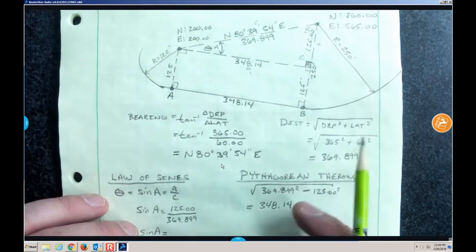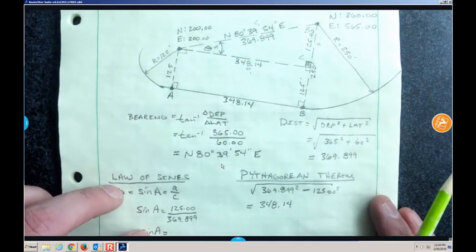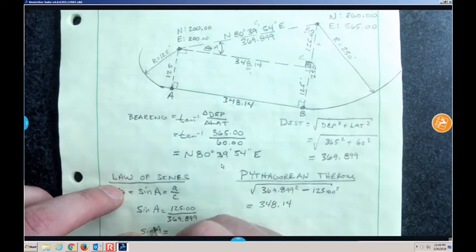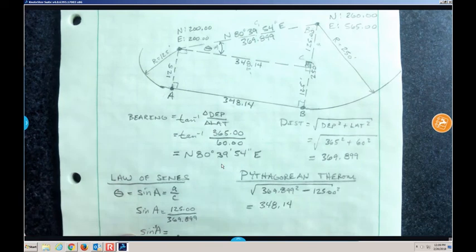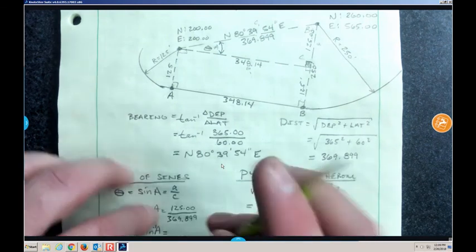It's got to be sine inverse though, you don't have an angle right now. Inverse sine, and then you're good. Which is 19 degrees, 45 minutes, 3 seconds. I figured it wrong.